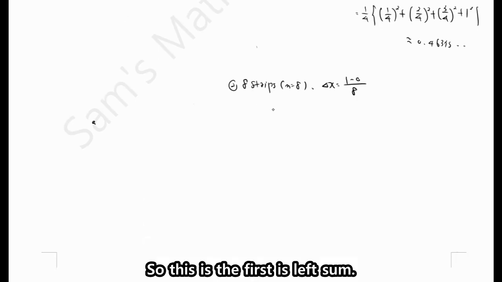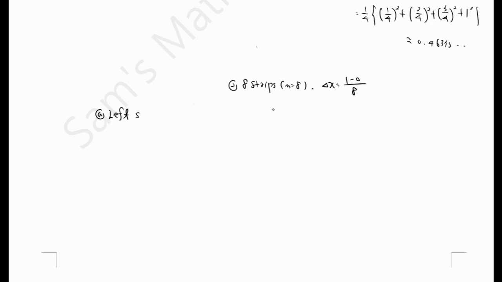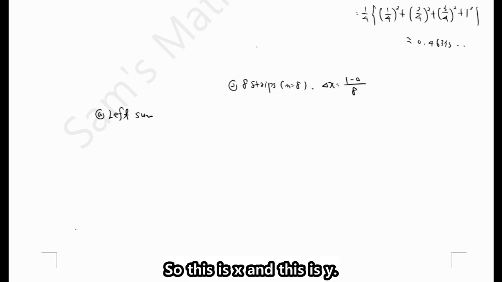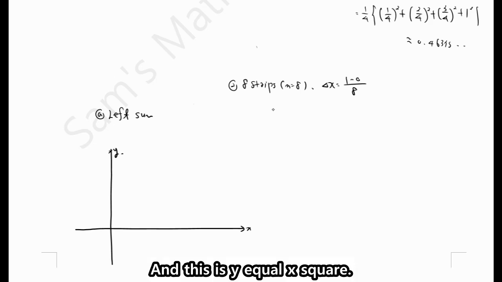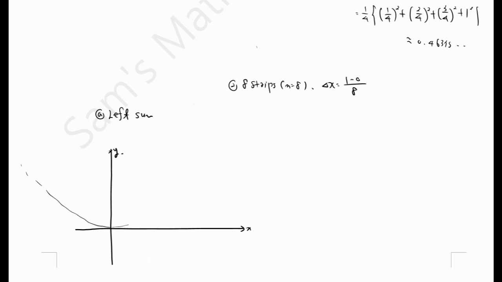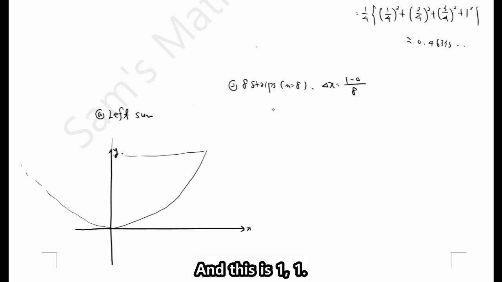This is x and this is y, and this is y equal x squared, like this. And this is 1, 1.